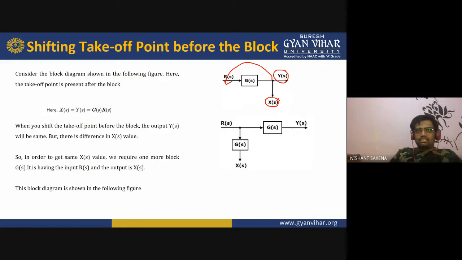When we are moving this takeaway point backward, we have to multiply by the block which we are crossing. So when we are moving the takeaway point from right to left, we have to make the multiplication with the block which we are crossing.